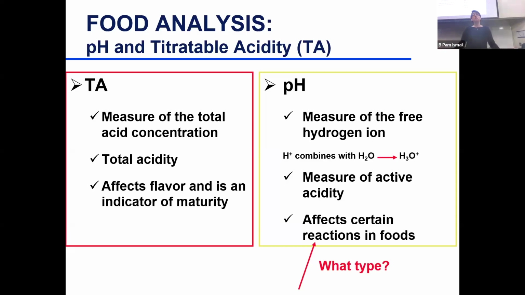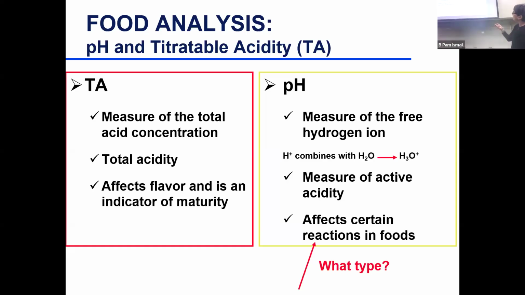pH is a measure of free protons, meaning the free hydrogen ions. When a proton is freed in water, it will form something we call the hydronium ion. This is a hydronium.